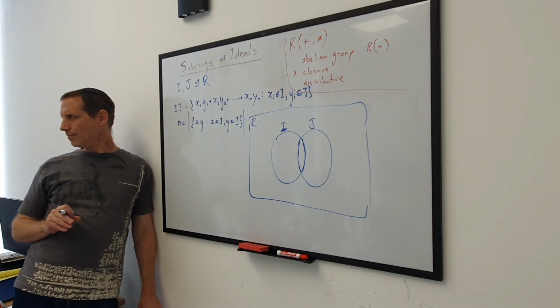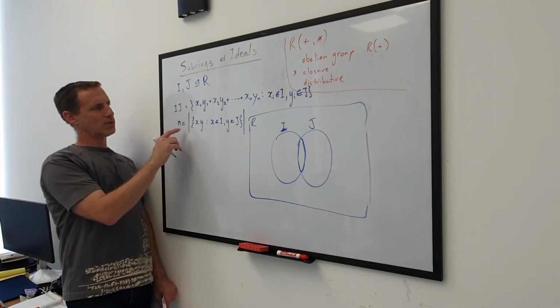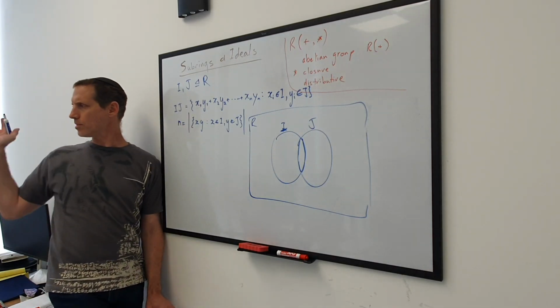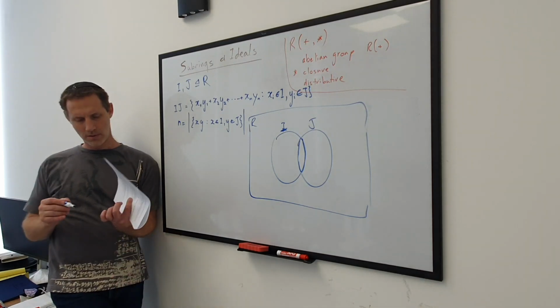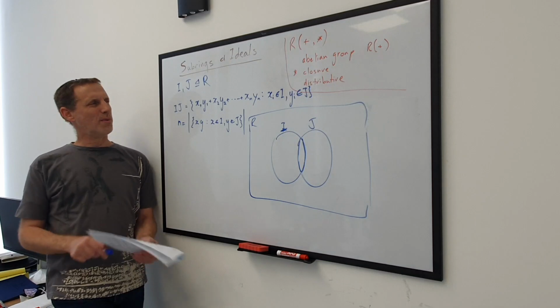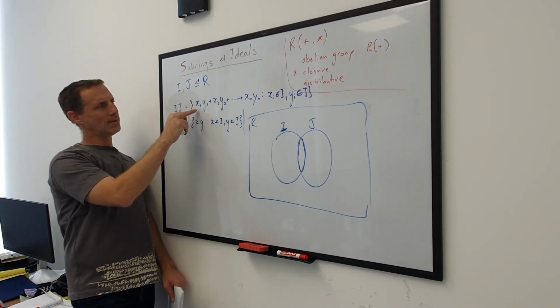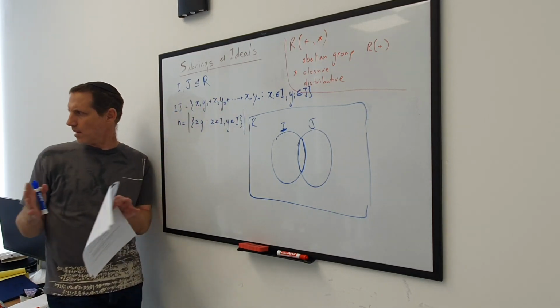Because this also consists of the sum of all the products, all the possible products between the ideals. But it can be any length of sum, you're saying. Yes, but you could always take x1 is 0 and x2 is 0 and then you get smaller sums.